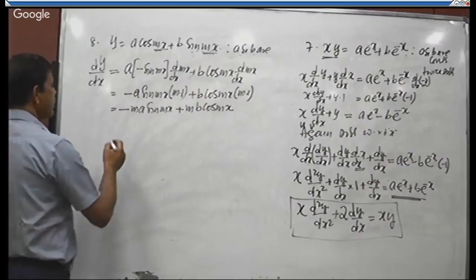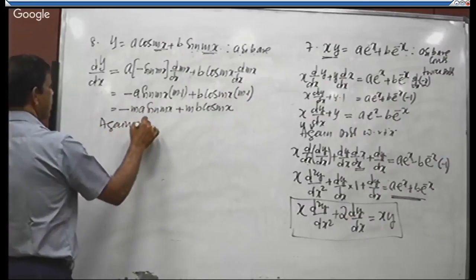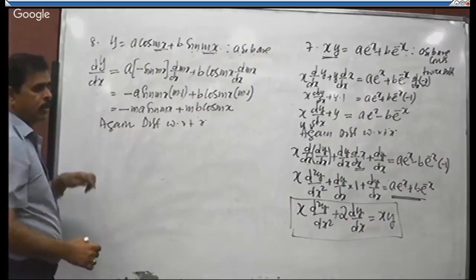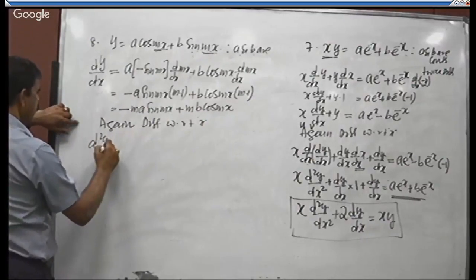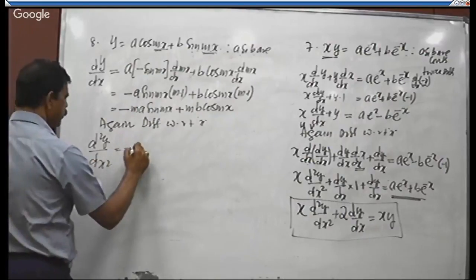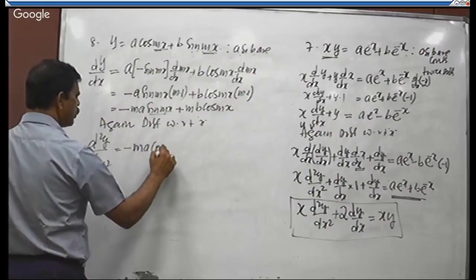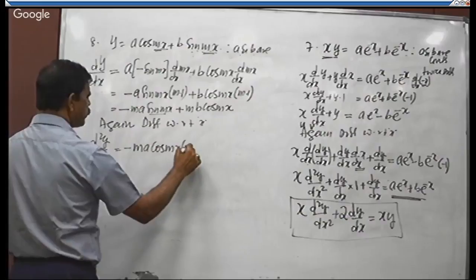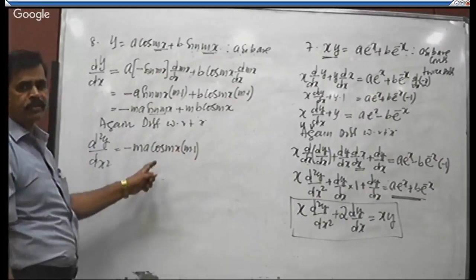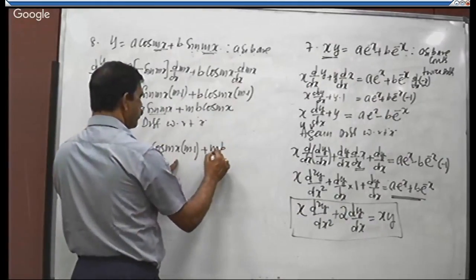Again, we have to differentiate because we have two constants. Again, differentiate with respect to x, that is d square y divided by dx square is equal to, keep minus ma as it is. Differentiation of sine function is what? Cos function into differentiation of the function. What is the function? Mx. Differentiation of mx is m into 1, plus m into b, keep the constant as it is.